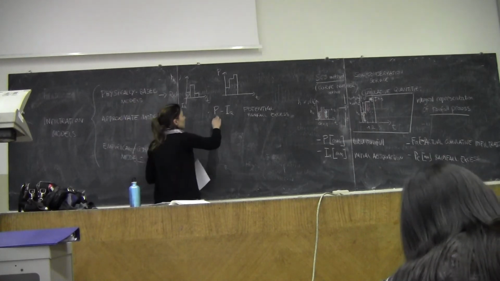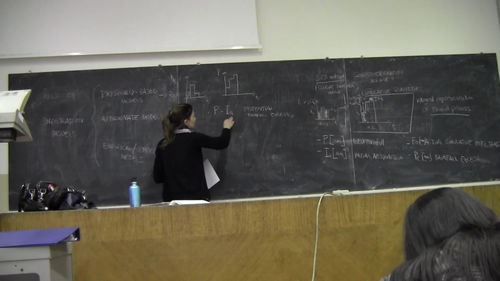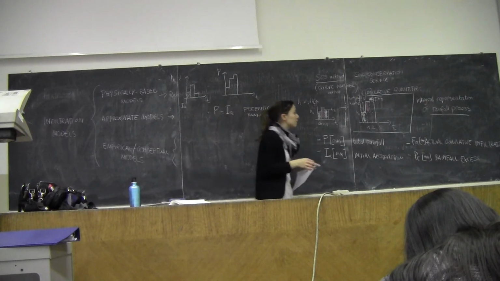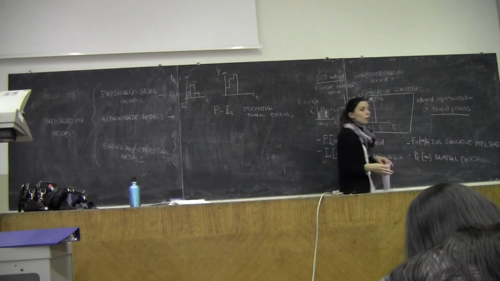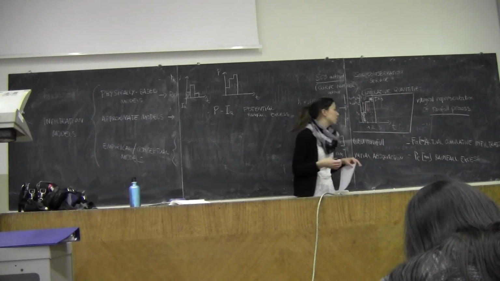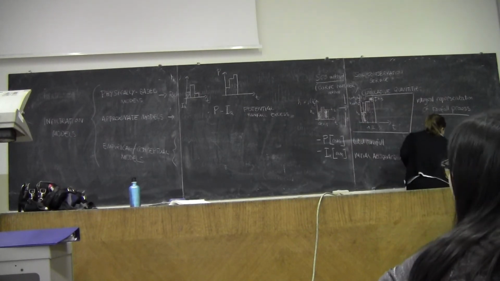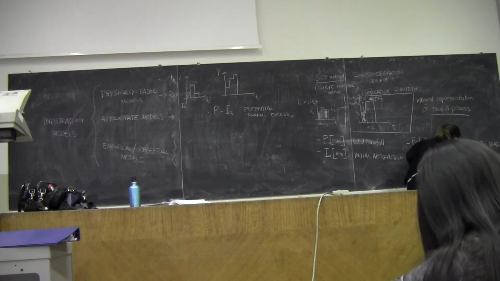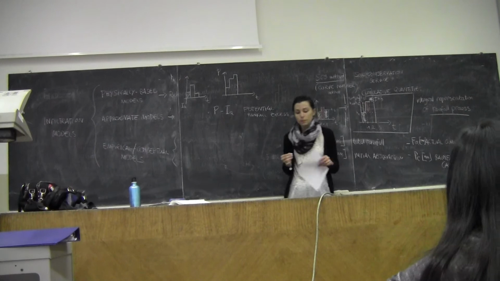So here we define P minus IA, which is the potential rainfall excess, whereas this PE represents the actual rainfall excess. So maybe I just add here this adjective.